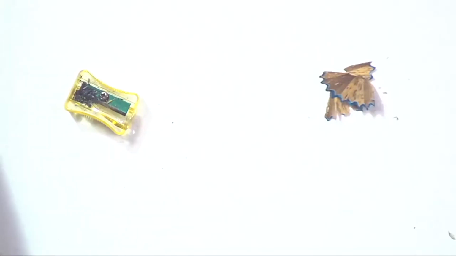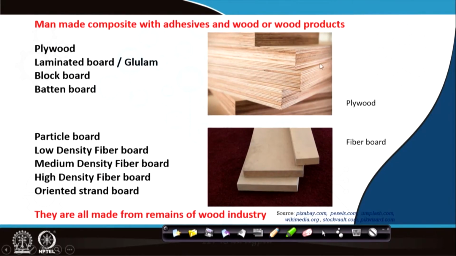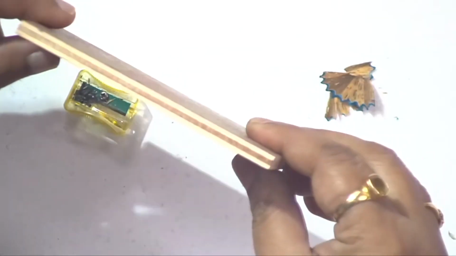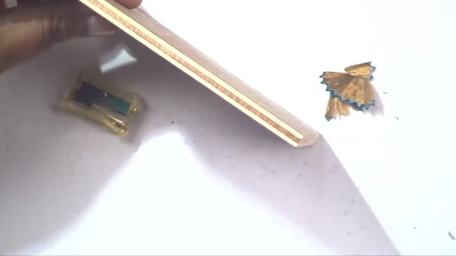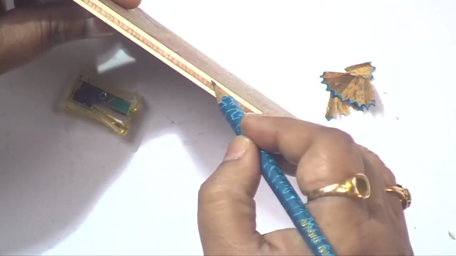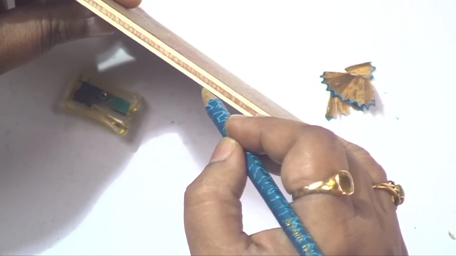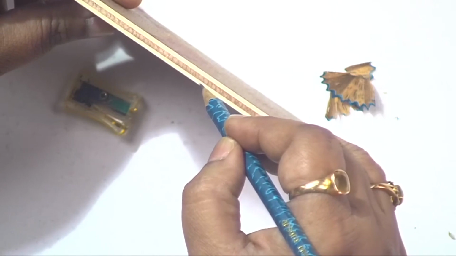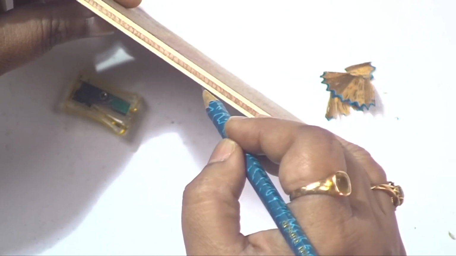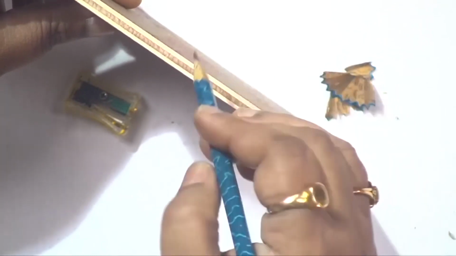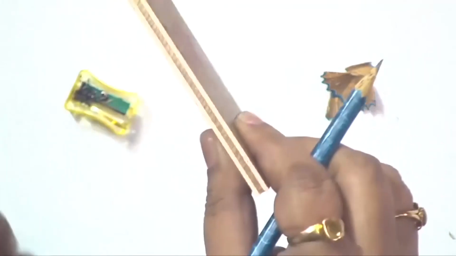When you keep on doing this, you go to more thicknesses, as you can see in this picture. You can see the different layers, one joined after the other. When there are only 3 layers, you can differentiate: this is the first layer, in between there is a sandwiched layer, and then the next layer. It is all combined with adhesive, and when you see 3 such layers, you call it a ply.